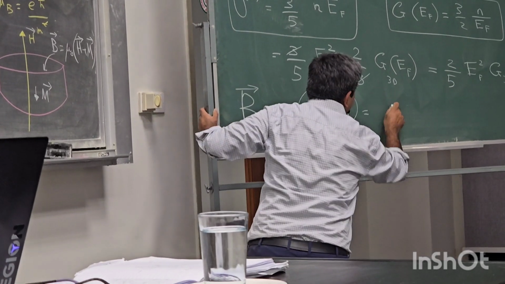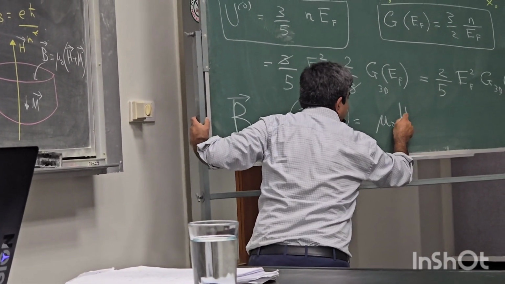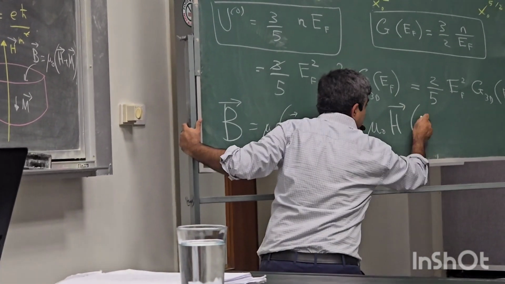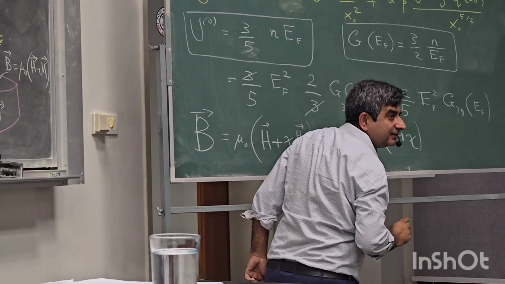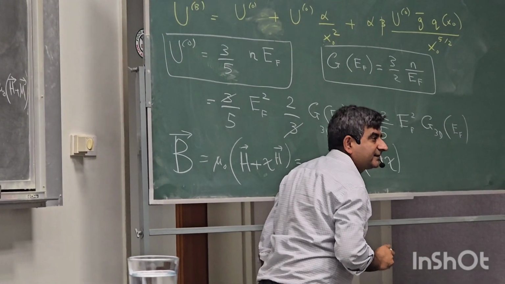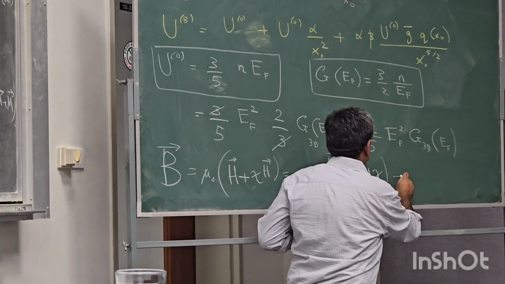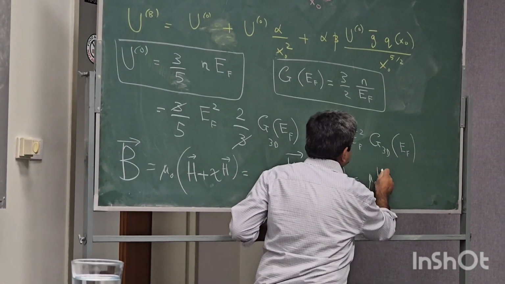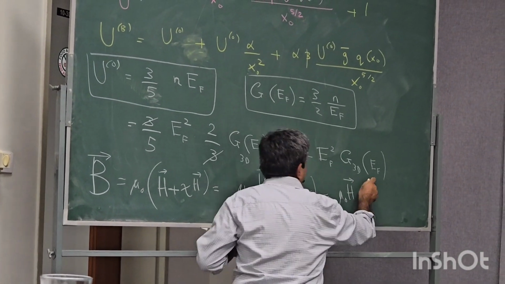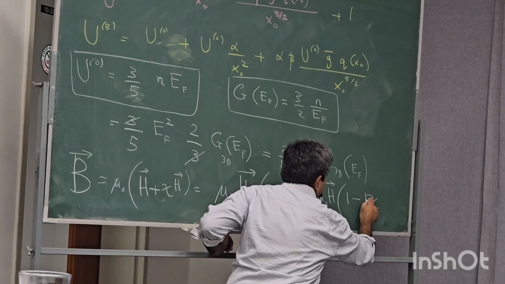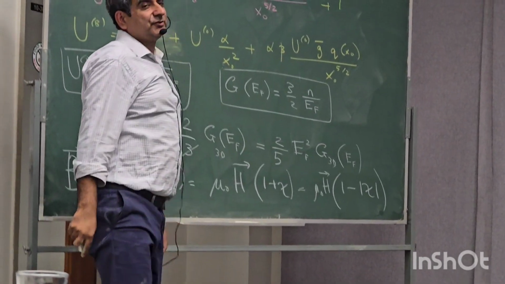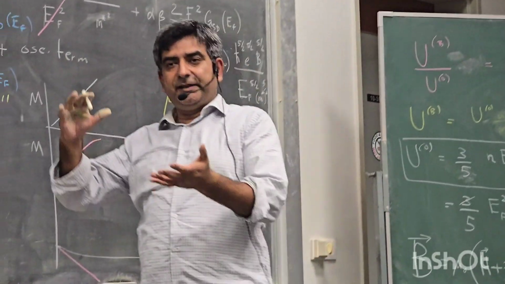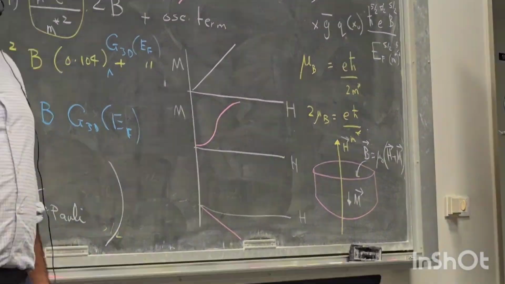So mu naught H (1 plus chi). If chi is negative, then I can write this as mu naught H (1 minus the magnitude of chi). So this is what happens in a diamagnet. The magnetic field decreases inside a diamagnet.